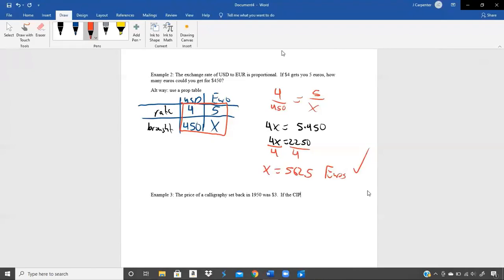If the CPI of 1950 was 83, and the CPI, Consumer Price Index is what that stands for, of 2020 is 152, what would the price of the calligraphy set now be? Only due to inflation.